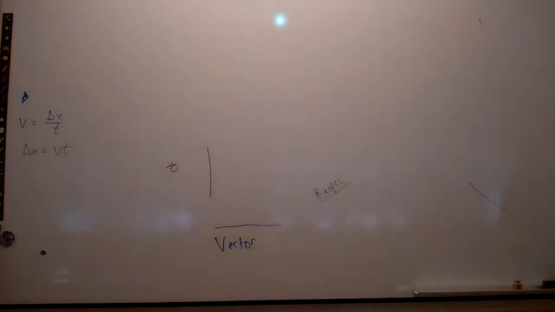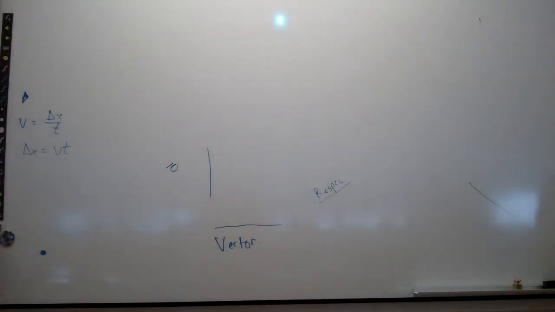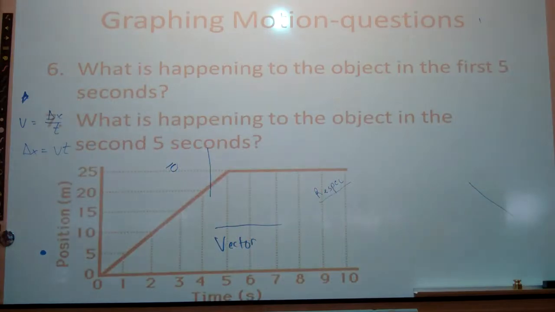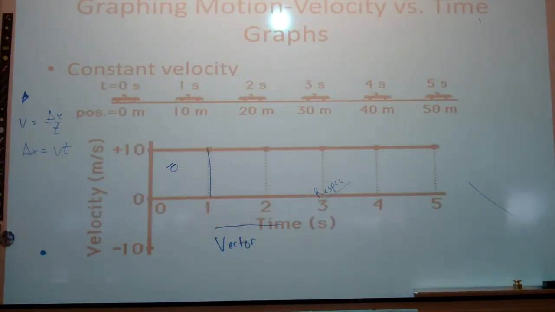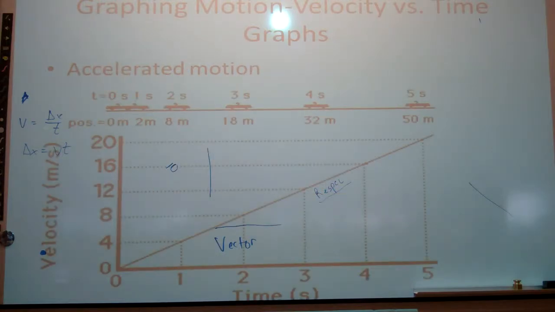Alright, questions? Yeah. With the graph of acceleration versus time, would the area under that be velocity?